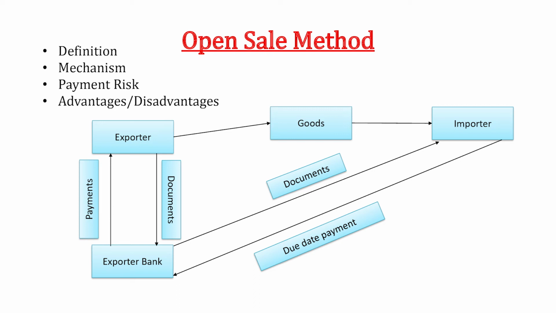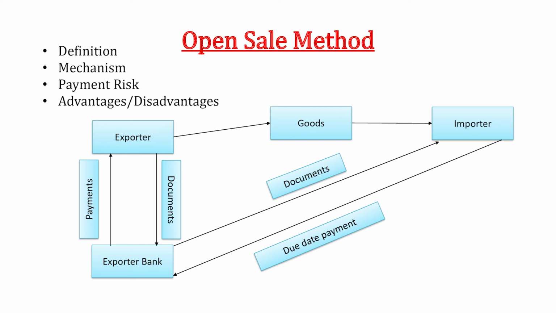Similarly, in an open sale account, which is a very risky method for the exporter, he has to ship the goods, the importer will take delivery of the goods, and on the due date, say after 30 days or 35 days or 40 days, 45 days, whatever it may be, the importer will make payment.